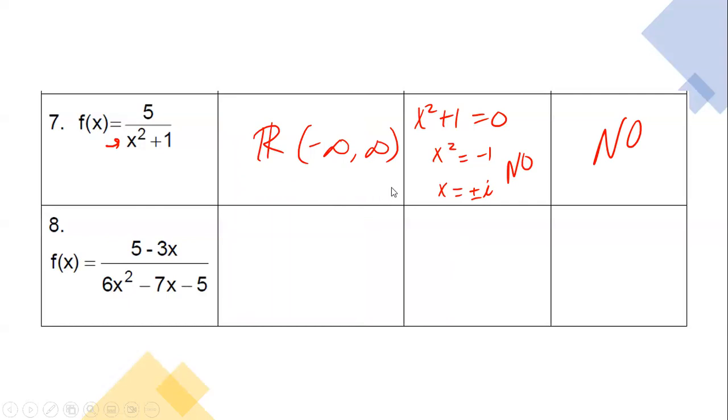Okay. All right, 8. So 8 is our last example for holes and vertical asymptotes. If I was to factor this, remember this is factoring with the Xbox method. You can use the Xbox, you can use the quadratic formula, but you're asking yourself what multiplies to give you -30, but adds to give you -7. 3 and -10.